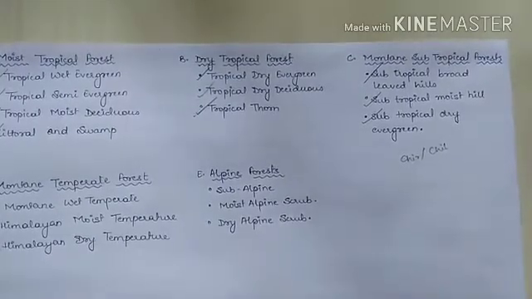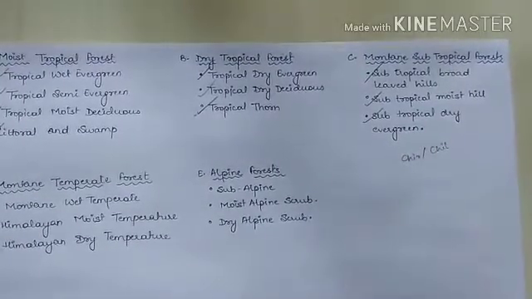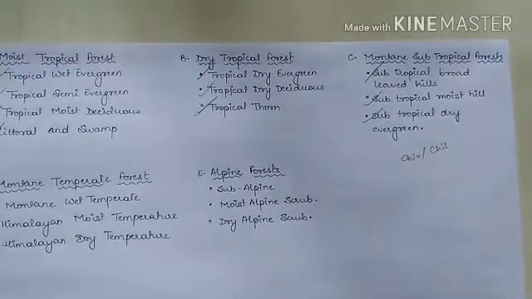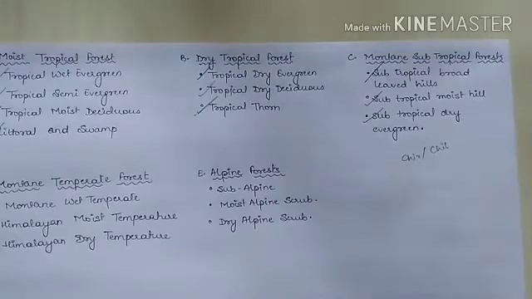The basic characteristic of these forests is that they are low, and practically they are scrub forests, with small evergreen stunted trees and shrubs, like thorny species, herbs and grasses.